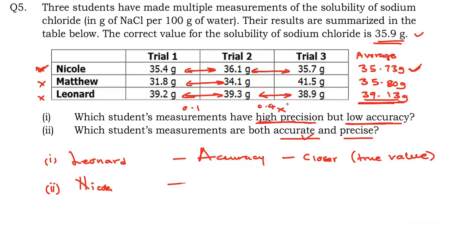Someone who is precise, the measurements must be closer. All the measurements he or she has made must be close to each other. This is how you can understand accuracy and precision. I think just by watching this video, you are okay. You don't even need to go to the notes and study what accuracy and precision mean.